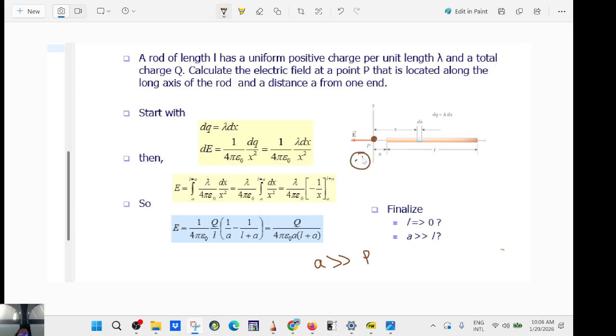So this is me here, and I'm looking far away. From very far away, I cannot even say that this is a line. From my point of view, this is just a Q. So can you find the limit? What's going to be left here?